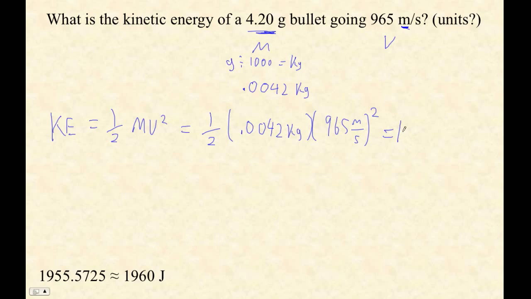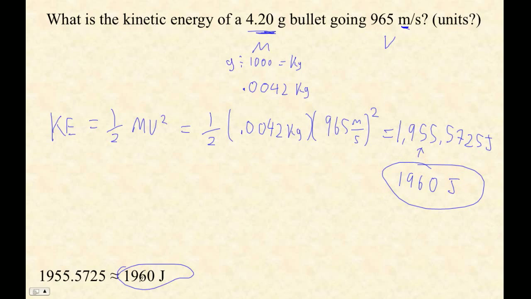That equals 1,955.5725 joules. Now we have about 3 digits here, so we could round this and say it's about 1,960 joules, which is what I did down here.